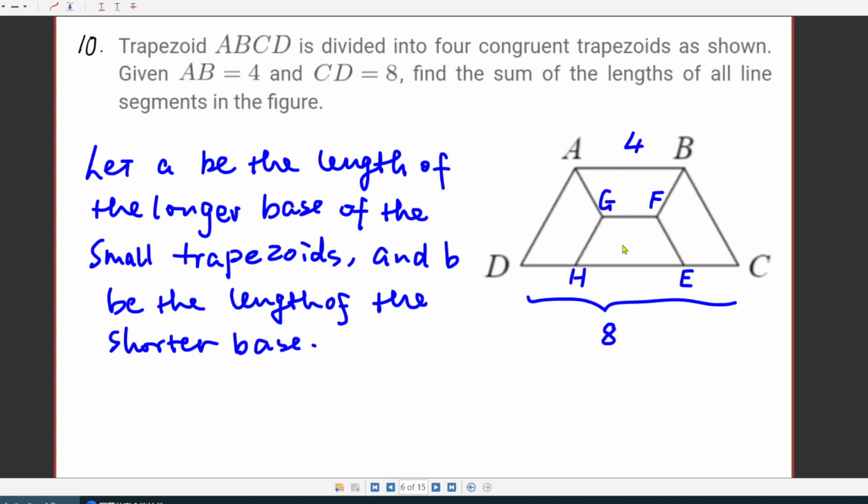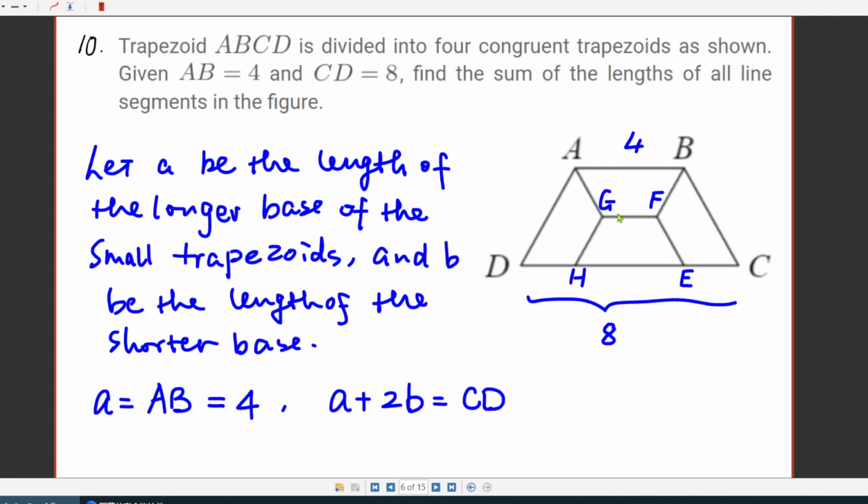The legs of these small trapezoids have length B as well. From the given information, we have A equals AB, which is 4, right? And also we have A plus 2B equals CD.